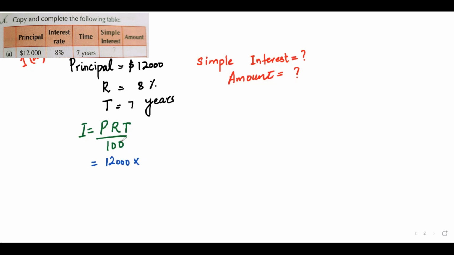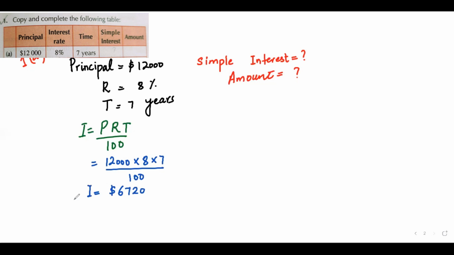R is the rate of interest, 8, and time is 7 years, divided by 100. You have to multiply all these numerator values and then divide by 100. Can you please multiply, everyone, and divide by 100 and tell me the final answer. That's 6,720. $6,720 is the simple interest.